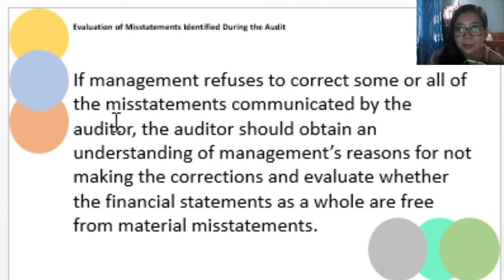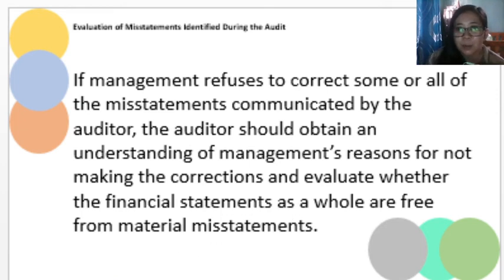So lastly, if the management refuses to correct some or even all of the misstatements communicated by the auditor, then in this case, the auditor should obtain an understanding of the management's reasons why they will not make those corrections. Okay, and the auditor will evaluate whether the FS as a whole are free from material misstatement.